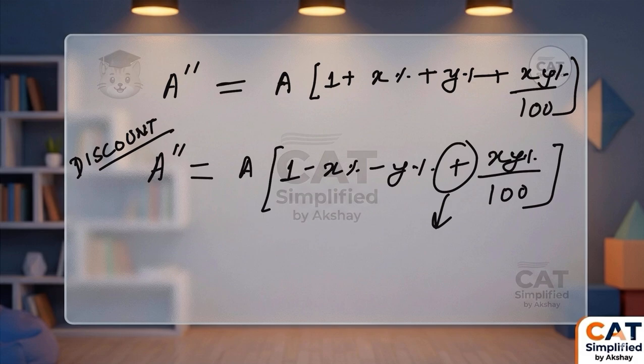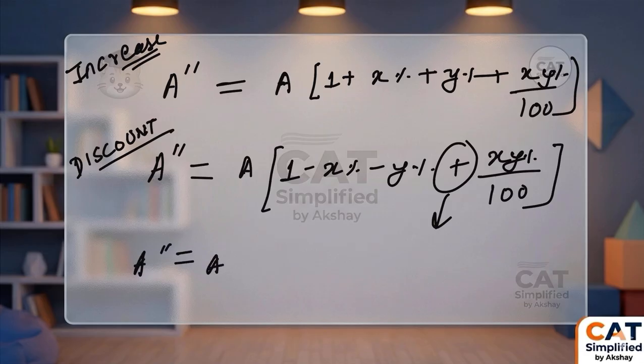Let's say the price was increased once and then decreased. Then you know what to do. 1 minus X percent plus Y percent and then minus XY percent divided by 100, right? And this was in the case of price increase both the times. And if there is a flip case, a combination of the two, then you need to just apply the formula in the right way. You know how to do it.